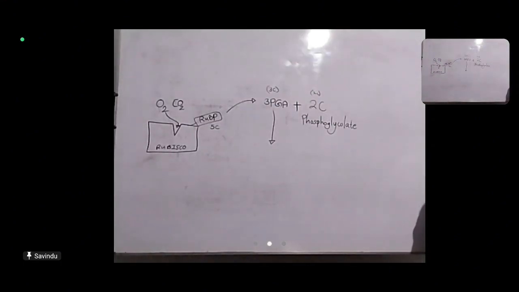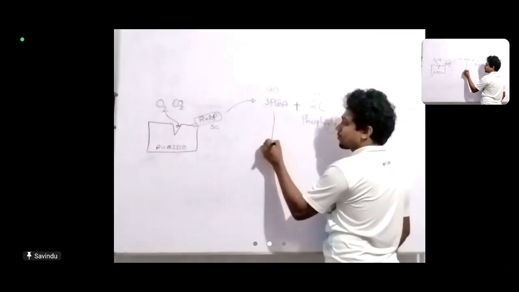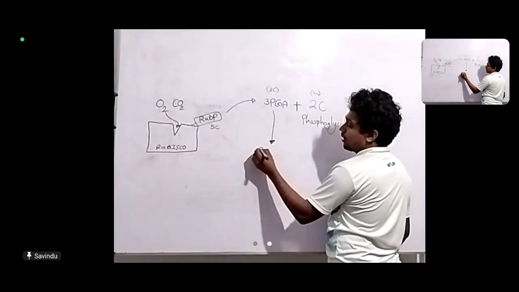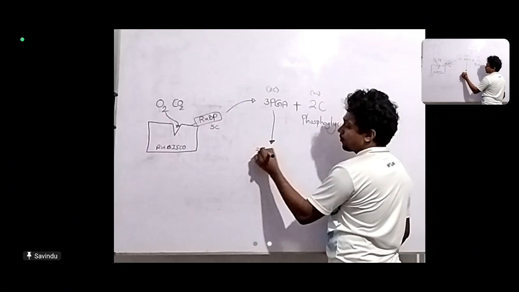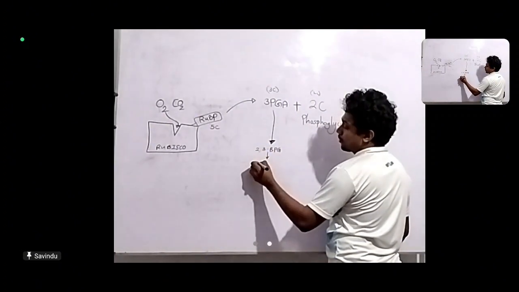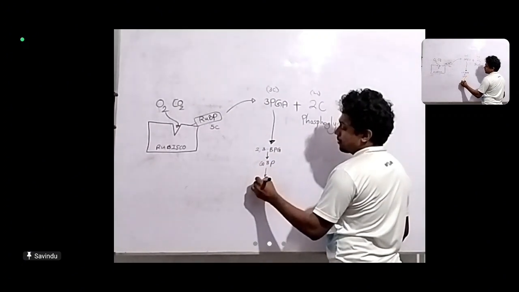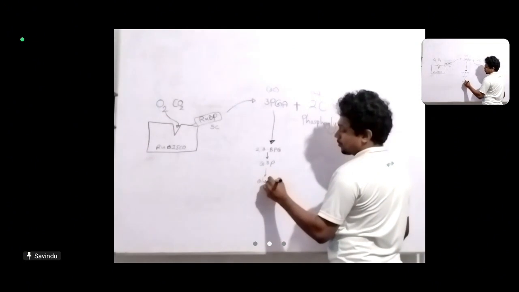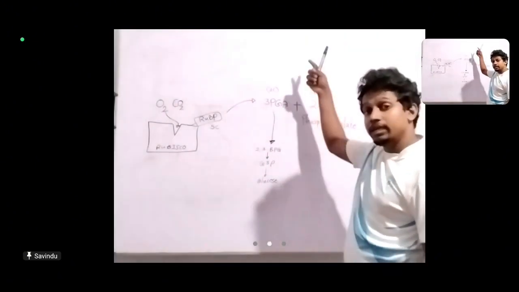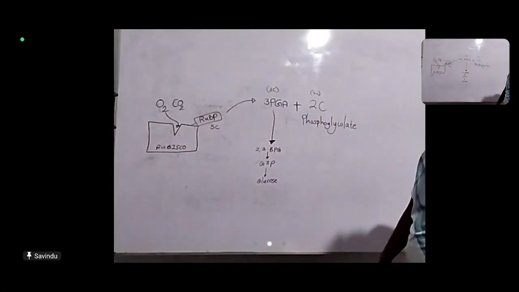But this PGA goes back and forms 2,3-BPG, G3P, and then polymerizes and becomes glucose. Earlier there were 2, but here only 1, right?